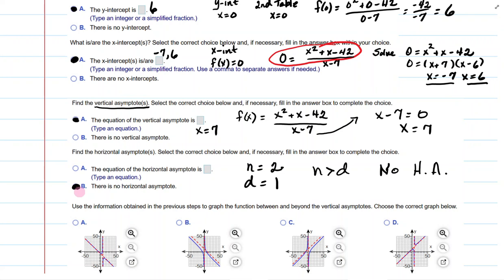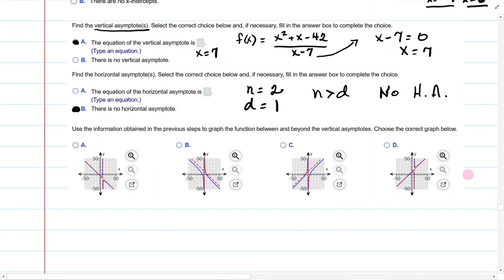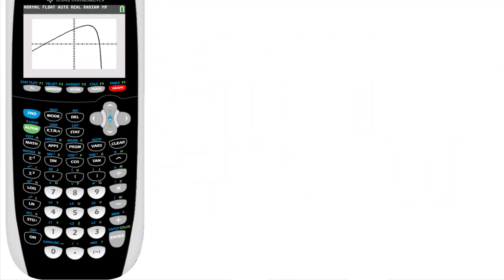So now we've got the graphs here, and I'm certainly going to be able to get these, but these windows are not the standard viewing. These are all negative 50 to 50 windows.